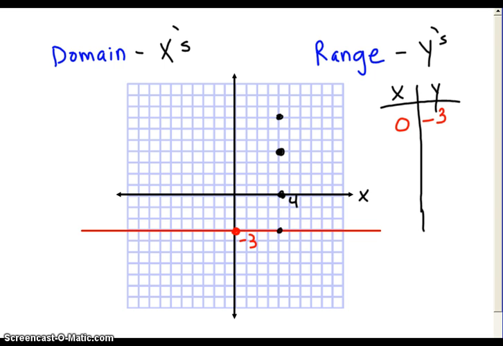If I pick another point on this graph, that's going to be the point (4, -3). I can pick some more points along this graph. This would be the point (-2, -3), and this point over here is (-7, -3).